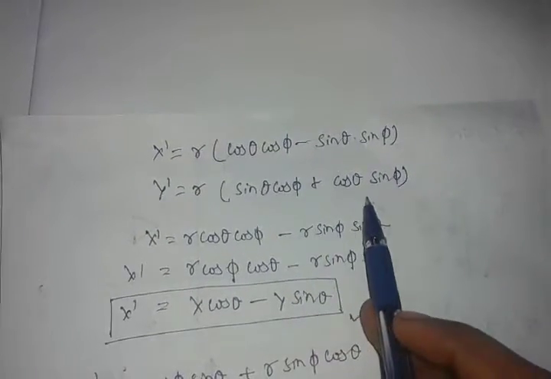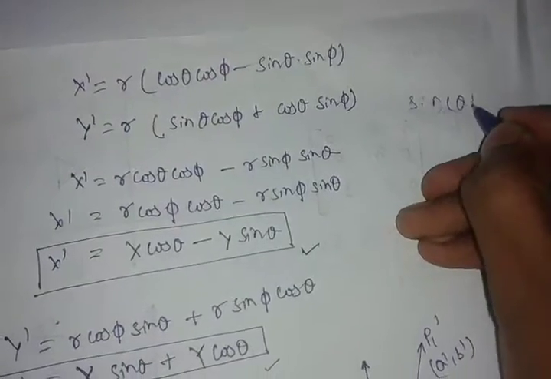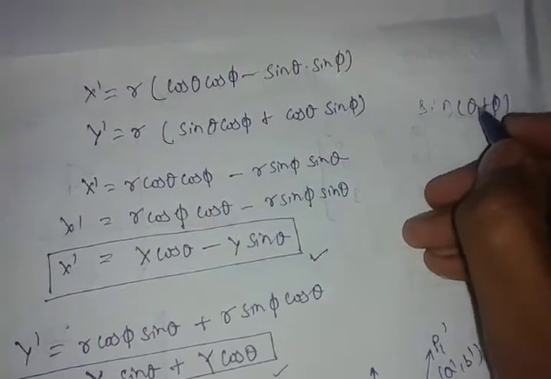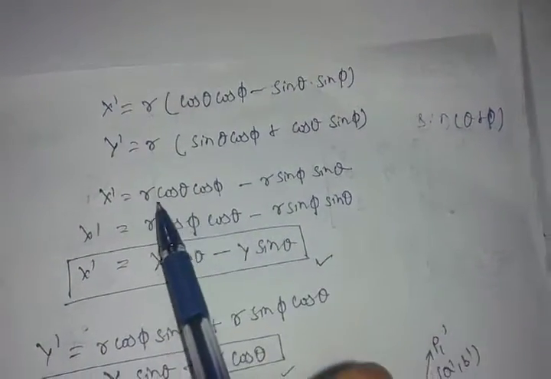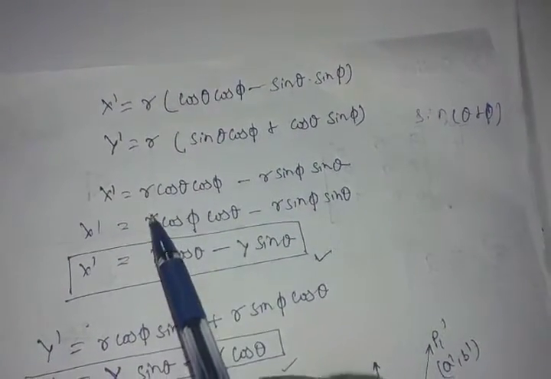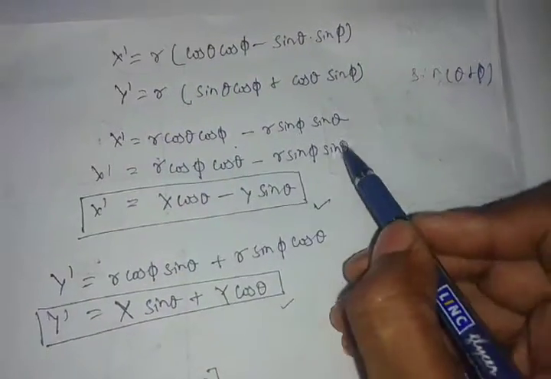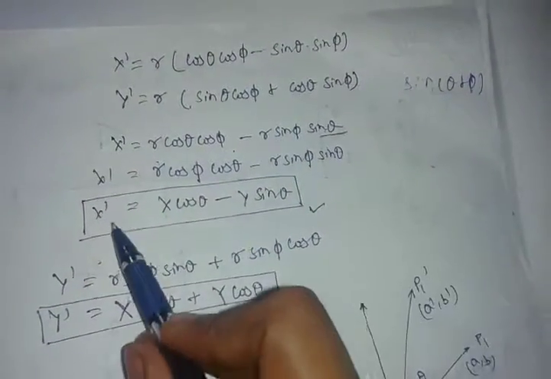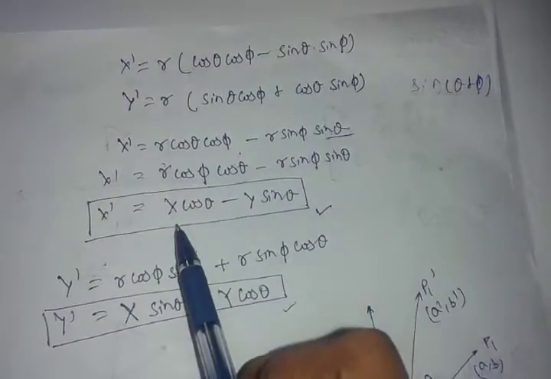This formula comes from sin(theta plus phi). So we have x dash and y dash, and we break them down into further steps. From this equation we can write x dash, where we know r cos phi equals capital X, which we have calculated.